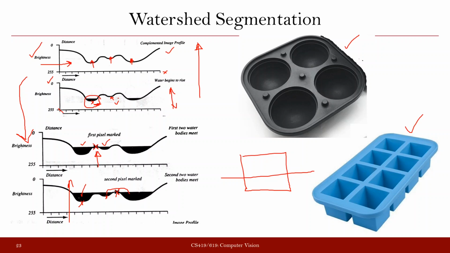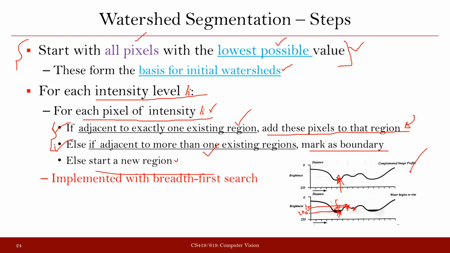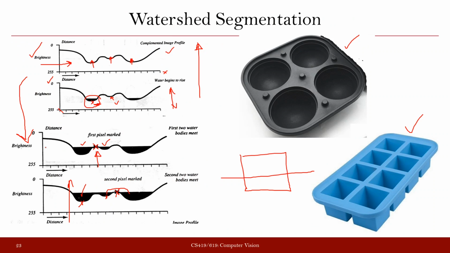So if you see these steps, this second step in this process is going to occur when the water level keeps rising in this segment, and after certain iterations you find a k where the pixel with respect to that k is adjacent to two regions.